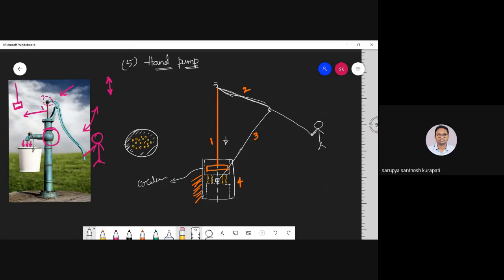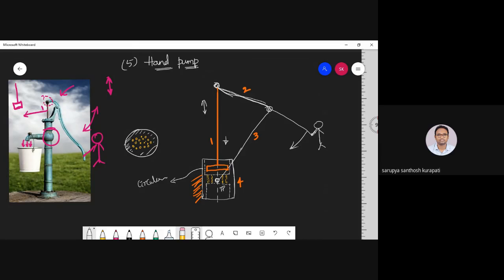With respect to this turning pair, TP, I'm going to pull it downwards. When I'm pulling it downwards, here you have a turning pair, and here also you have a turning pair. So this particular link number 1 is restricted to move only in up and down direction.